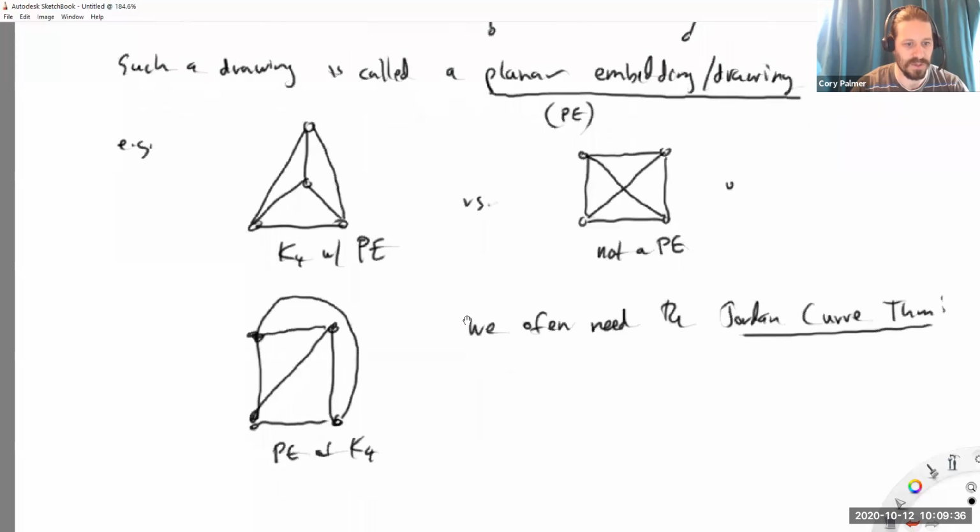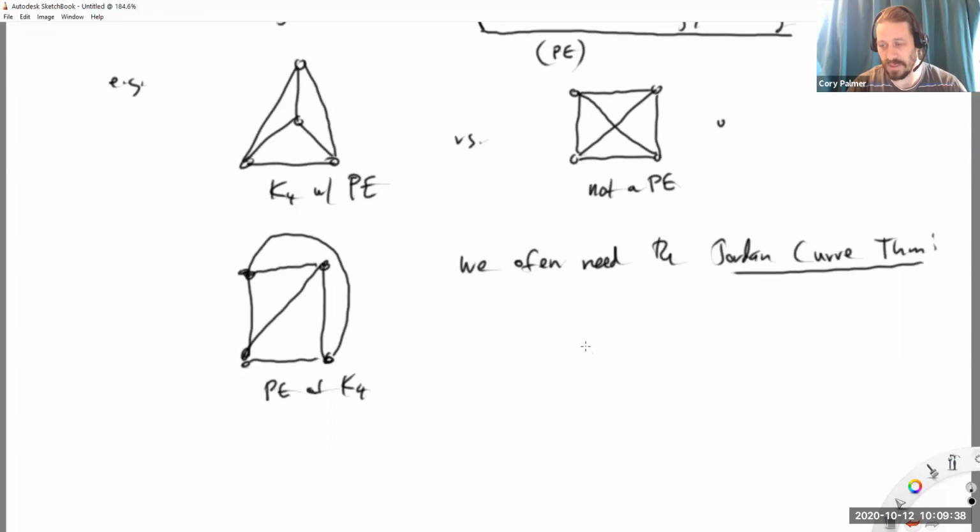Okay, so what's a Jordan curve? Actually, a Jordan curve is very simple. It's just a closed continuous line. What do we call this? Curve is the term, right? It's not a graph theory thing. It doesn't intersect itself. So a continuous closed curve in the plane.